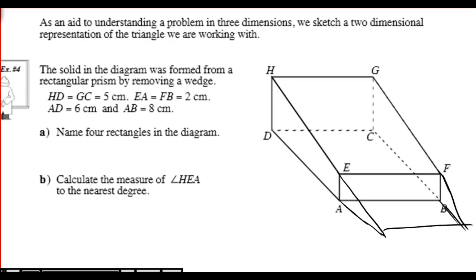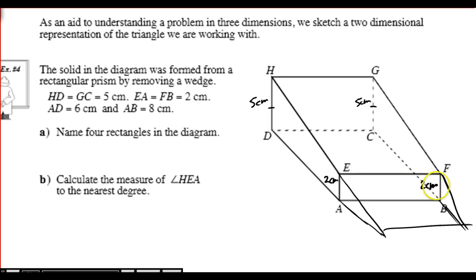So HD equals GC equals 5 centimeters. And EA equals FB, and that's 2 centimeters.